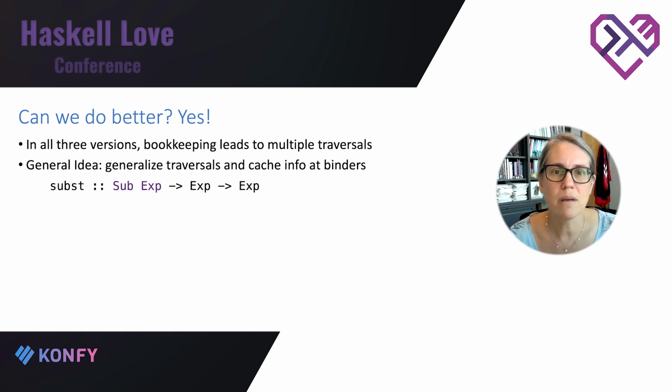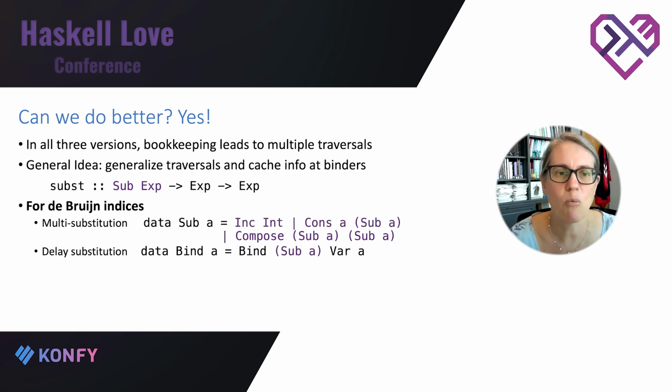What about with de Bruijn indices? How can we use the same idea of optimization to make our implementation that uses de Bruijn indices faster? Now, one approach is to also generalize the de Bruijn index substitution to a multi-substitution.